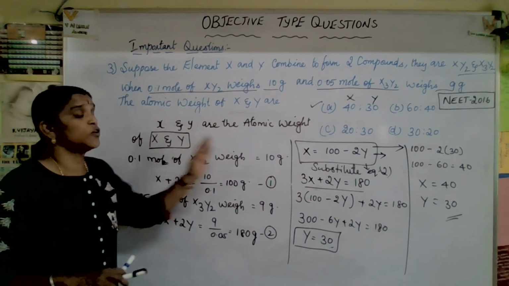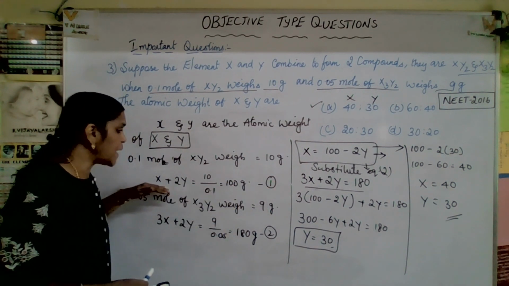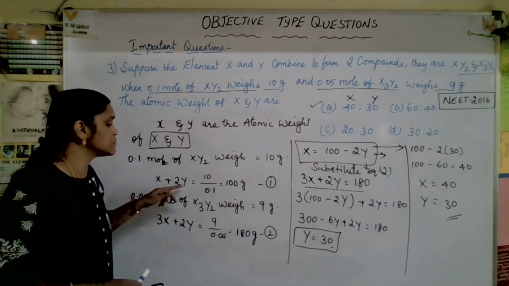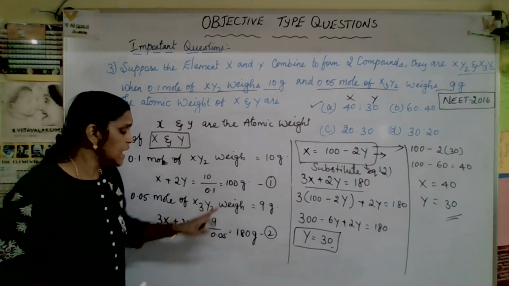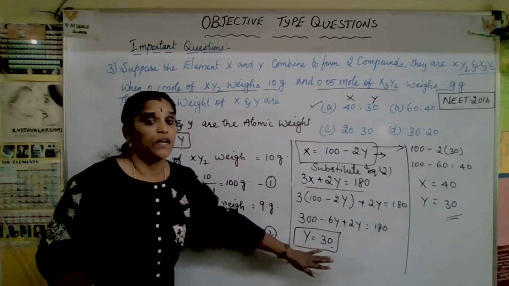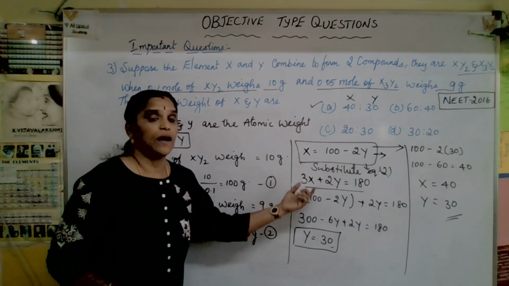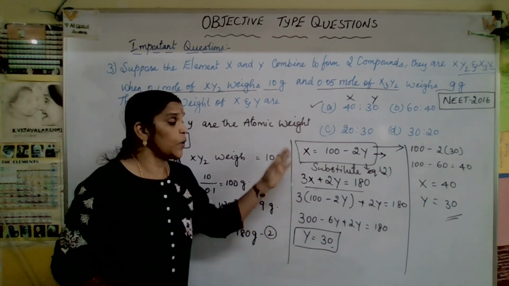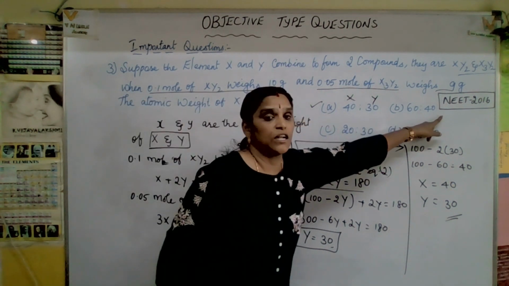From the number of moles, you are finding out the atomic weight of the combined, XY2. So this is one answer, and the second one is the other answer. Now, for each one we apply the value to get that idea. We are using some tricks. I hope you got a clear idea about this question, and this is a very important question.